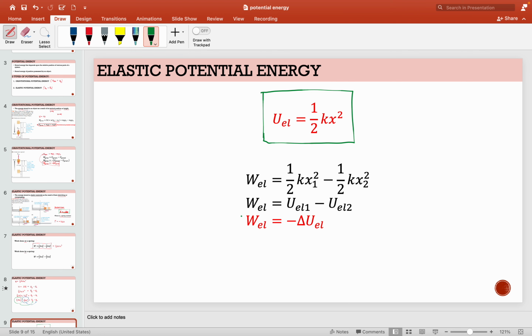Or if you want to solve for the work done by the elastic potential energy, the work done by the elastic potential energy is just equal to the negative of the change in the elastic potential energy, same as with the gravitational potential energy. So we have these two equations for the elastic potential energy.